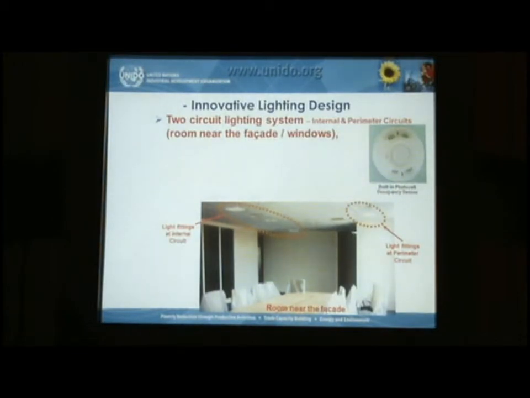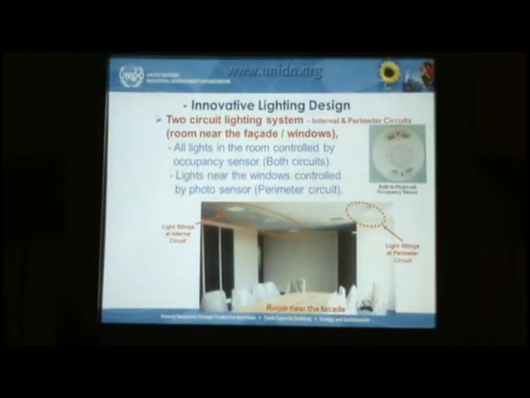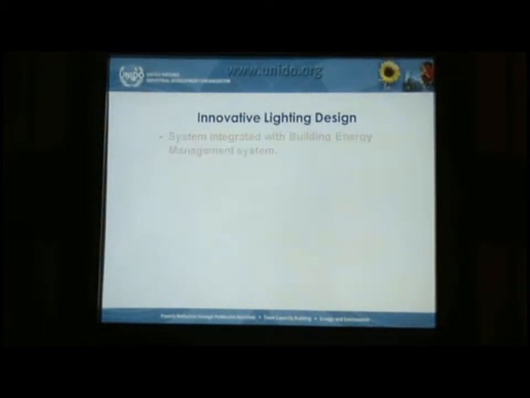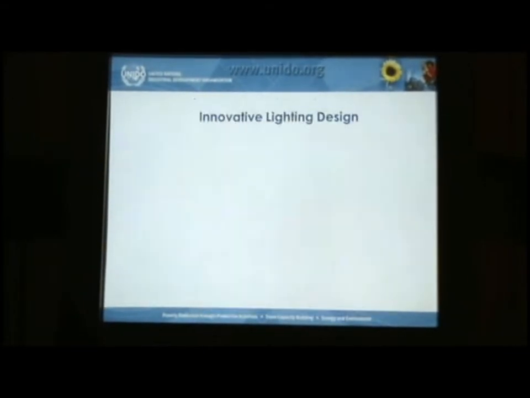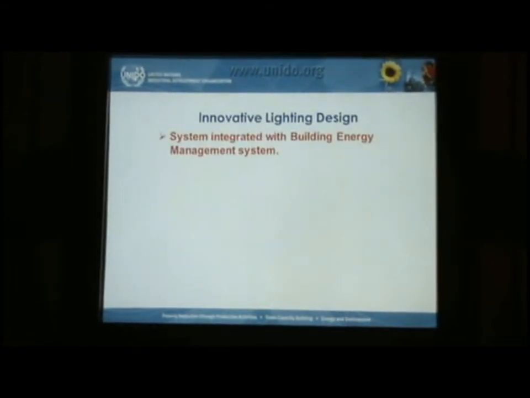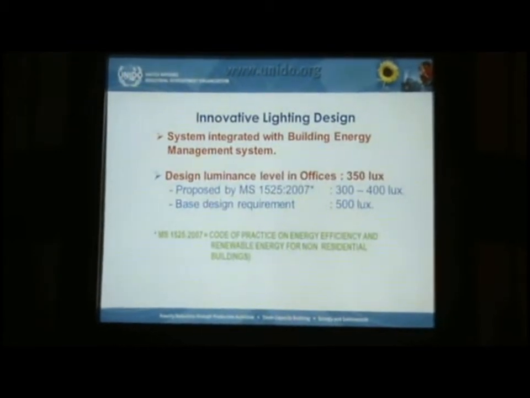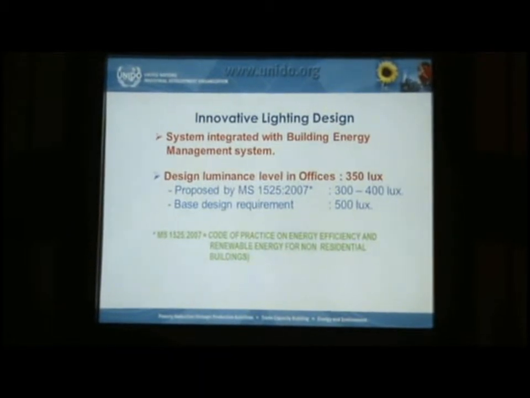As far as lighting is concerned, in order to take advantage of daylighting, we have so-called photocells, so that if there's enough daylight, then we can switch off the artificial lighting, and we can also base the lighting on the occupancy. Now for the lighting design, the illumination we use is 300 to 400 lux.